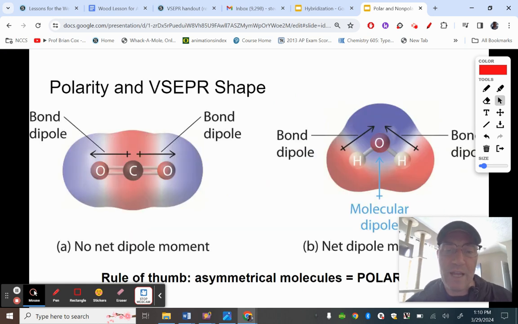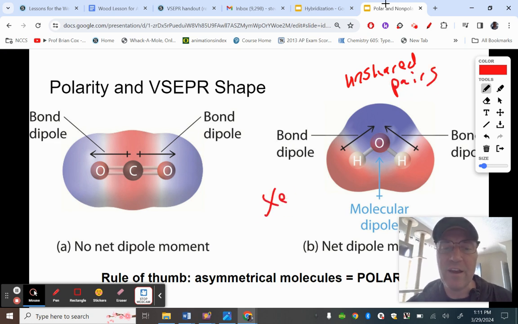So asymmetrical molecules, this is just more of the same, like CO2 versus H2O. Any molecule that has unshared pairs on the center atom is almost always polar. The one exception is like XeF4. So I'm going to draw this one out so I can show you.